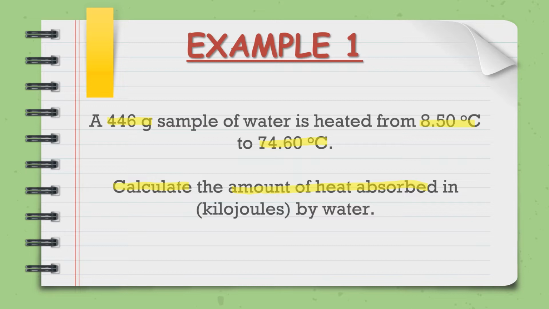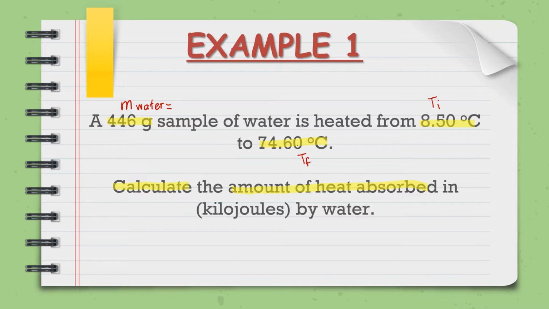So let's rewrite the information. This is the mass of water that we have, and then we have the initial temperature and the final temperature. It is important for you to know the temperature here because we want to find the change in temperature.